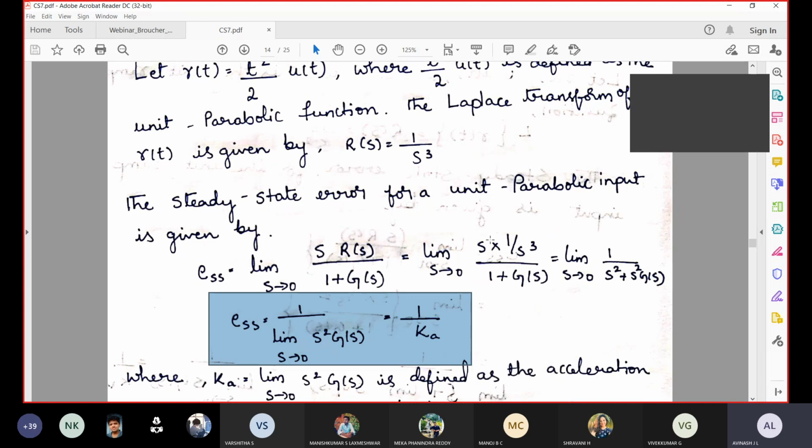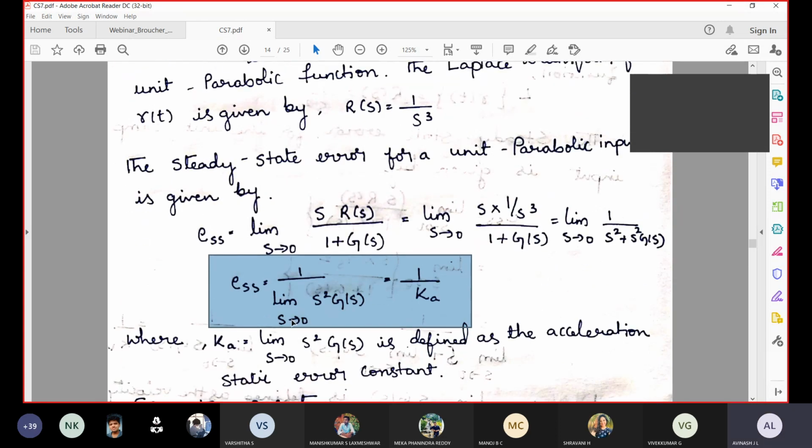It is defined as the acceleration static error constant, where Ka equals the acceleration static error constant.